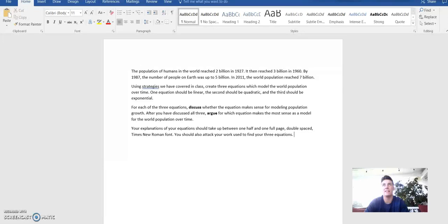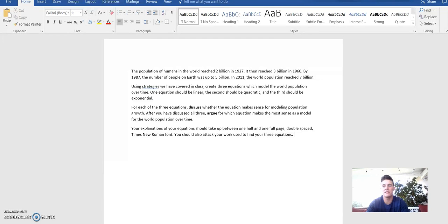This is where the validity is. And so it's not as much of an argument as you might see in other fields, if you're in an English class or a humanities class and you're trying to argue a position. It's not quite that, but maybe the idea of arguing mathematically would be arguing for the validity of an answer.